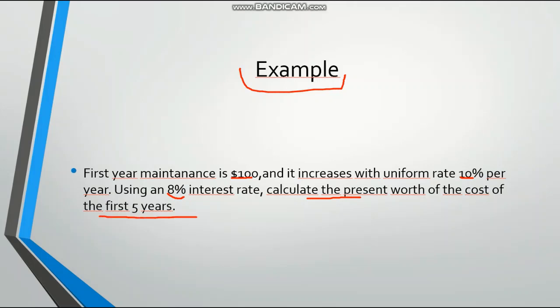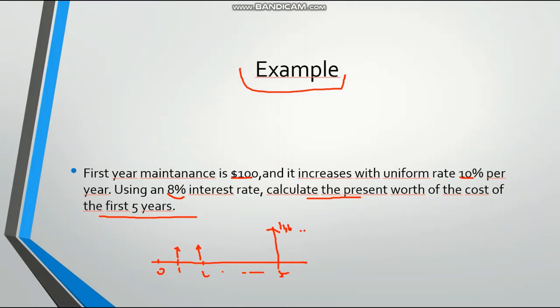As we show in the cash flow diagram from 0, 1 to 5, right? It's going to be 100, 110, and it increases to 146 point something.